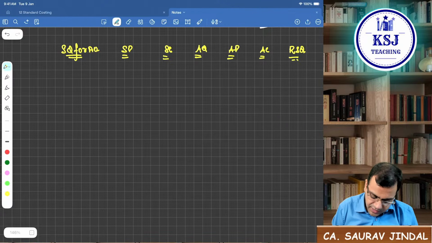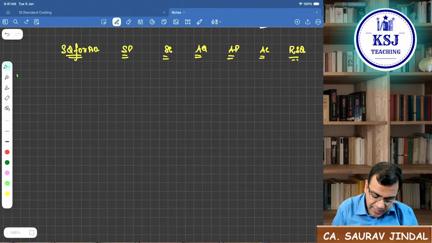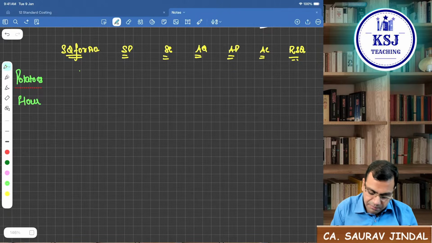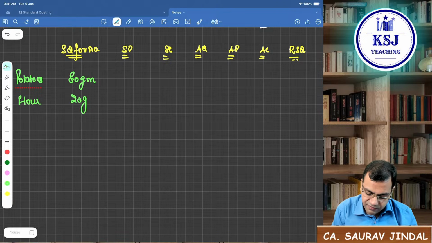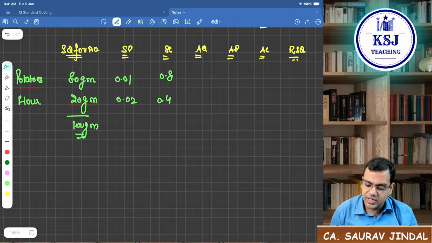Now let's say you are mixing 2 raw materials. Let's say you want to make some dish. For that dish, you need to use potatoes and flour. Your standard quantity, what you have planned, is 80 grams of potatoes and 20 grams of flour. That is a total of 100 grams of raw material at whatever the price is, 0.01, 0.02, so your standard cost will be 0.8 and 0.4.